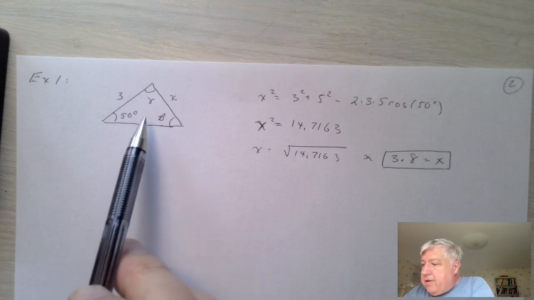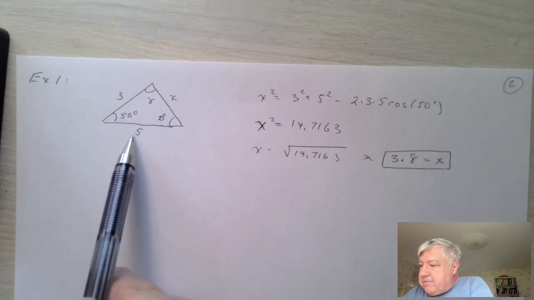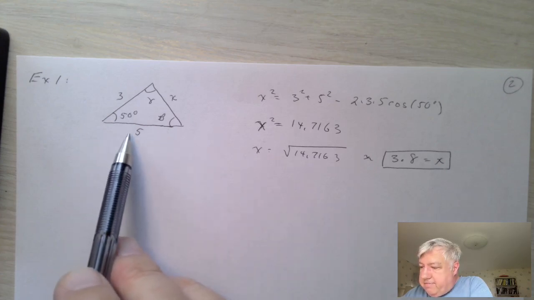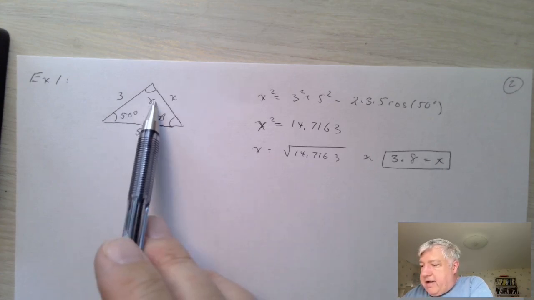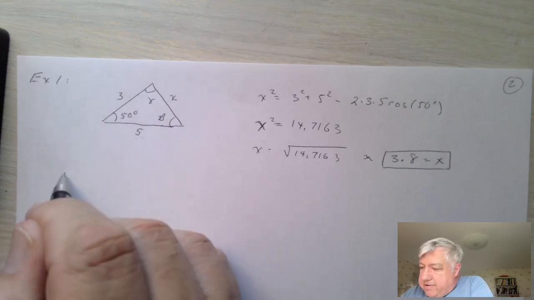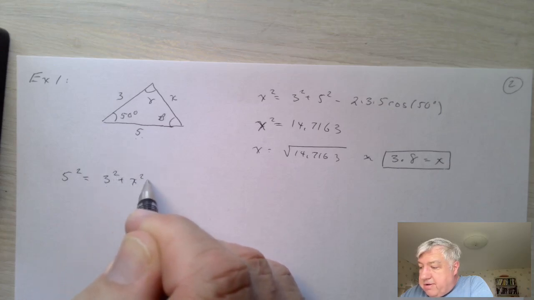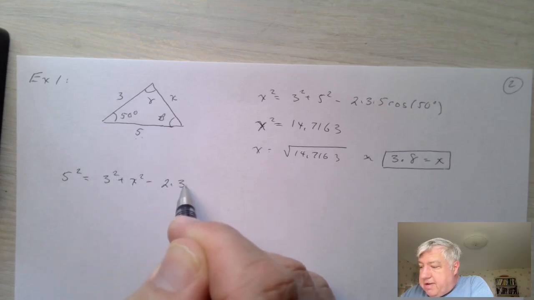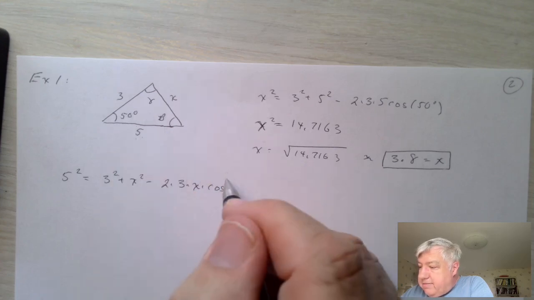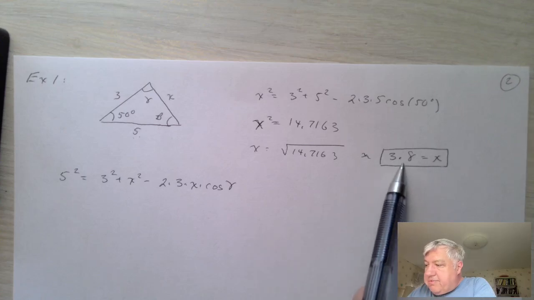We now know all three sides of the triangle, so we'll just use the law of cosines again. In this case, our angle in question is gamma. The side opposite that has length 5, so 5 squared is equal to 3 squared plus x squared minus 2 times 3 times x times cosine of gamma. We know that x is 3.8.